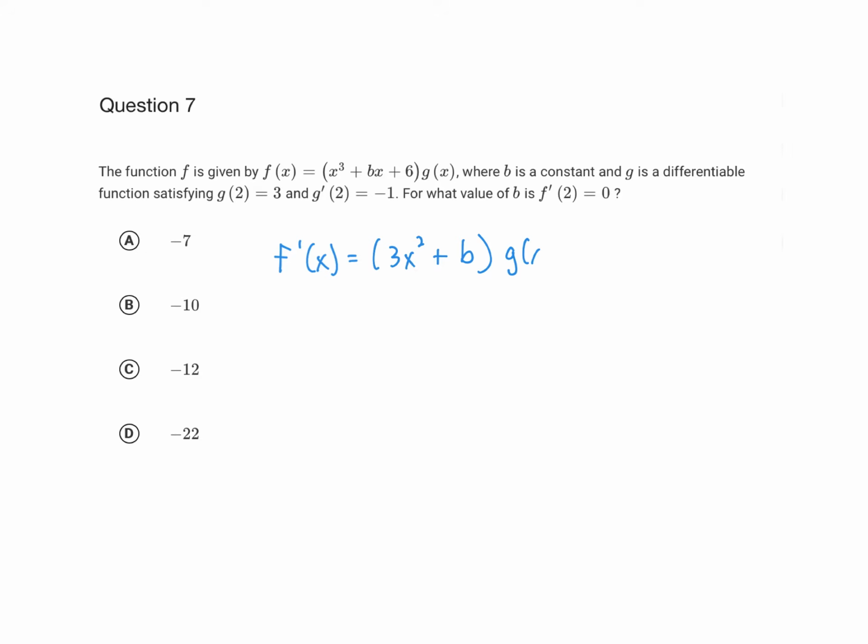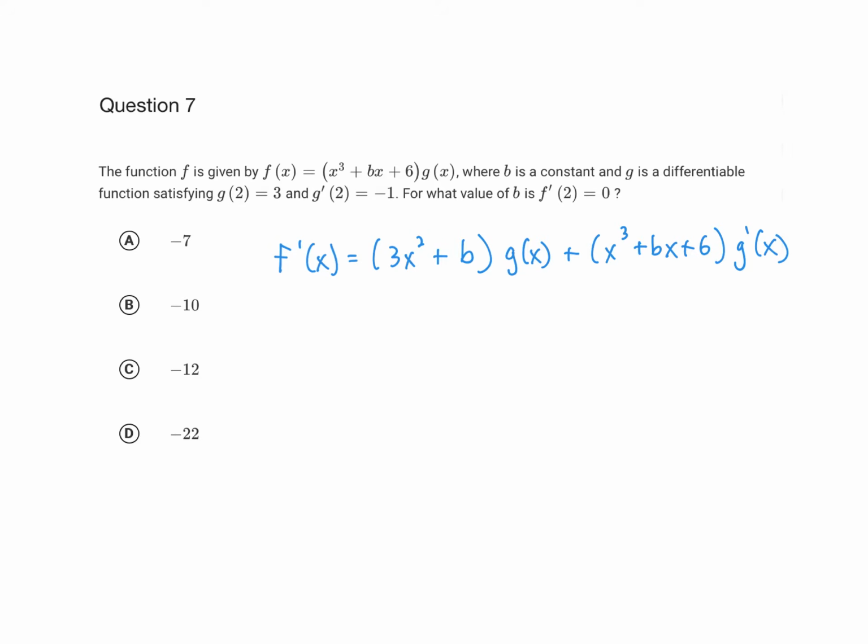And we'll just multiply that by g of x. Okay, then we'll rewrite the first one and then times that by g prime. So we did the derivative of this times this. That's how we got that. And then we just left that alone and multiplied it by the derivative of g, which is g prime.